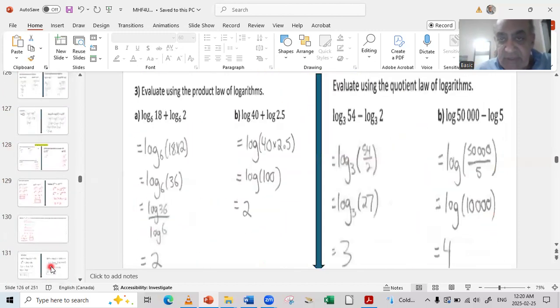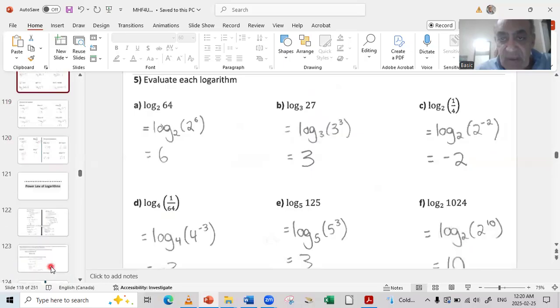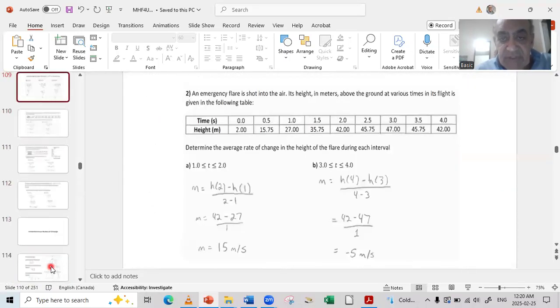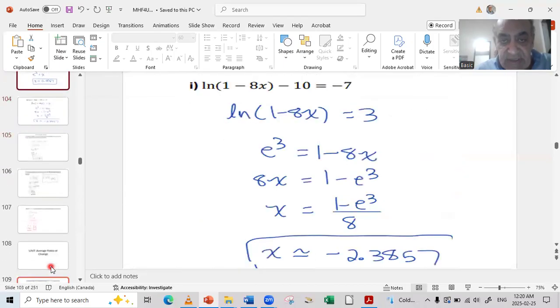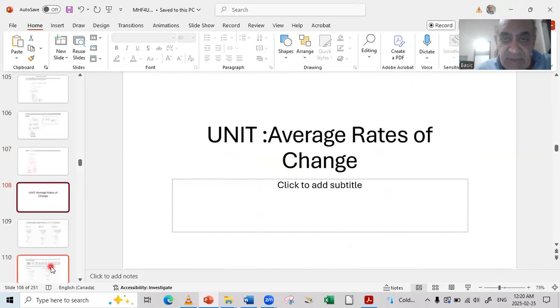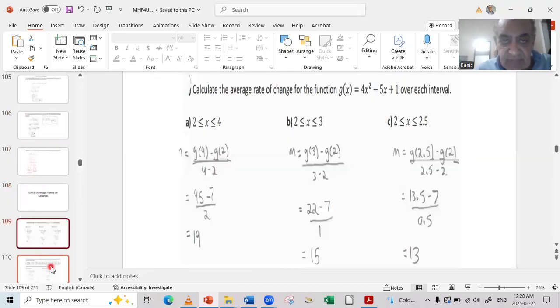Actually, some pieces are repeated here, so that's fine. But I will go back into the rates of change and instantaneous rate of change. We'll see also how to do it. This part is repeated, so it's okay.